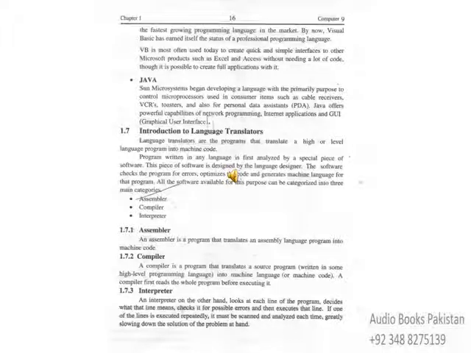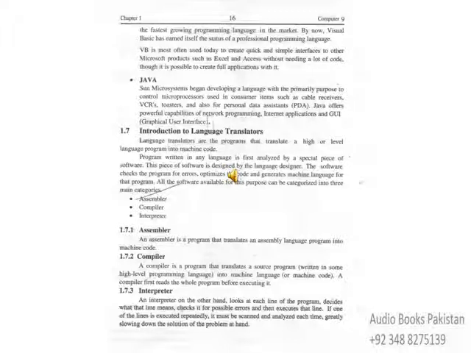1.7 Introduction to Language Translators. Language translators are the programs that translate a high-level language program into machine code. A program written in any language is first analyzed by a special piece of software. This piece of software is designed by the language designer.